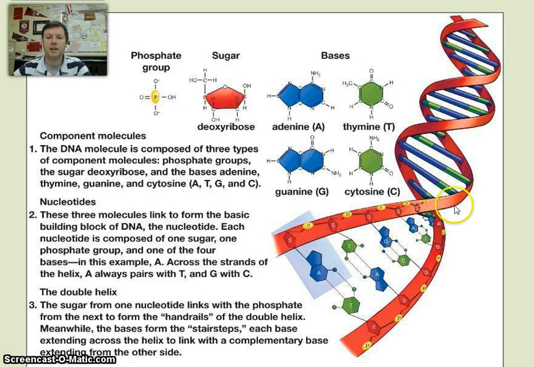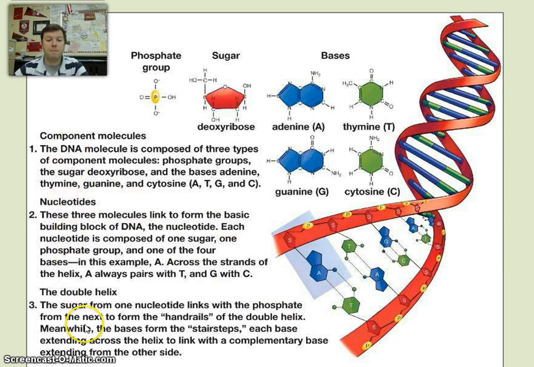Once again, the sugar phosphate backbone is what causes that double helix shape to occur. Notice that there's single-ringed and double-ringed bases. There's 2 hydrogen bonds between A and T and 3 between G and C. Note that A always goes with T and G always goes with C.